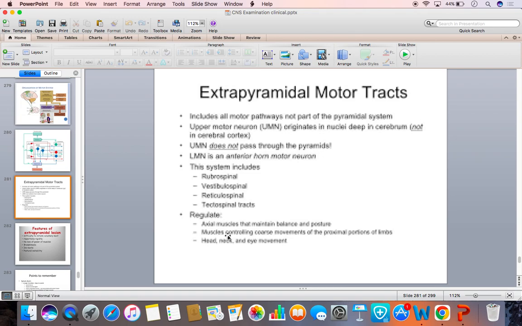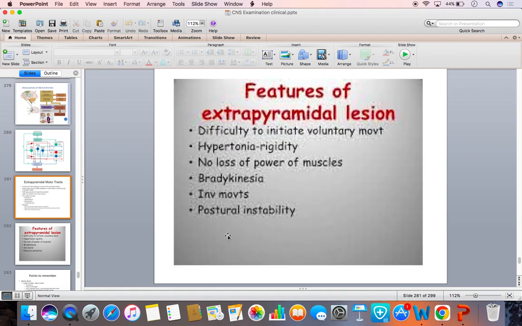It regulates axial muscles to control posture, and muscles responsible for coordination of head, neck, and eye movements. These are the functions of these extrapyramidal tracts. Out of all these four tracts, vestibulospinal does not cross to the opposite side.